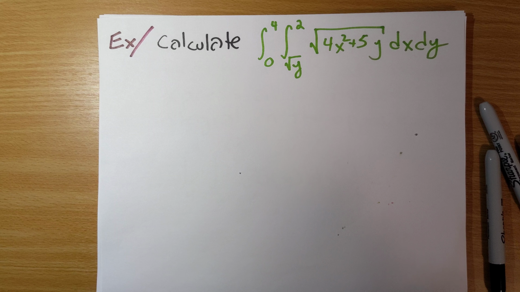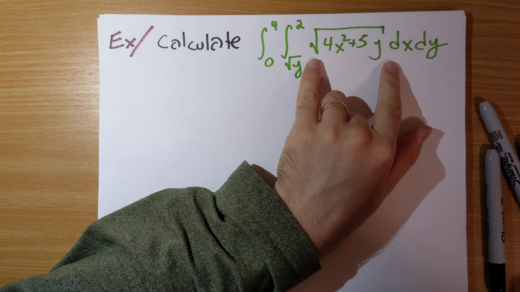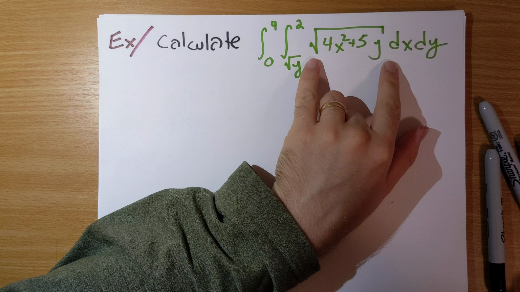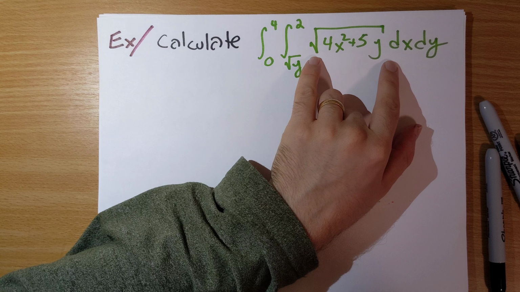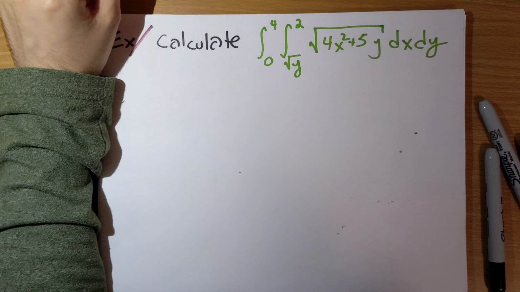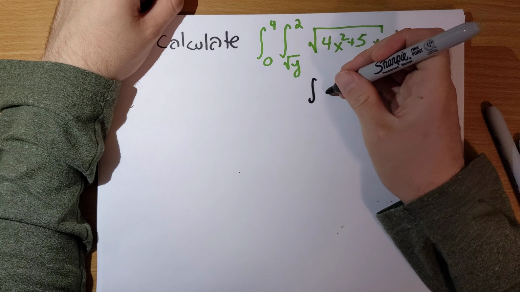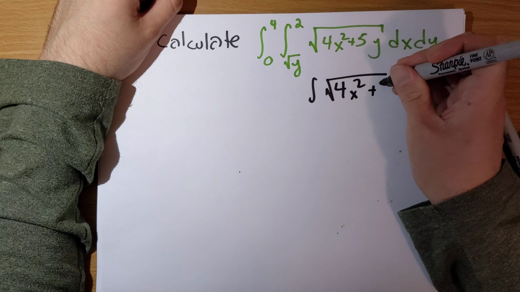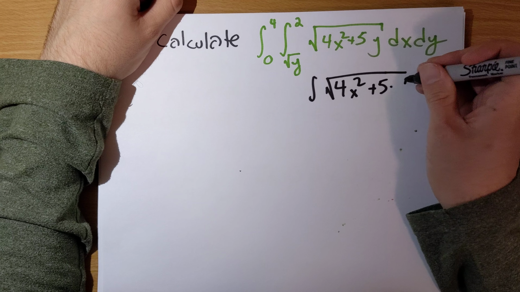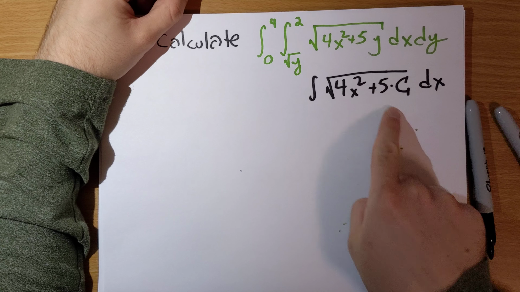So this first part would be asking us to find an antiderivative of square root of 4x squared plus 5y with respect to x. And let's just say here, if you're being asked for square root of 4x squared plus 5 times, let me just put some constant c here.